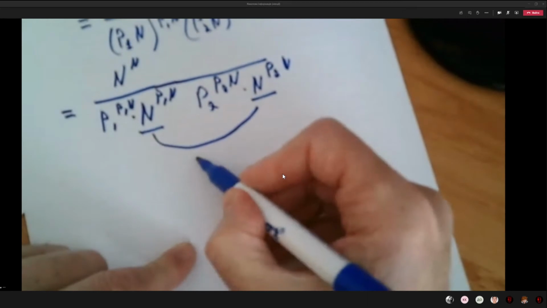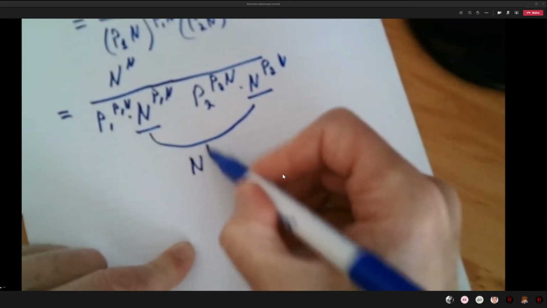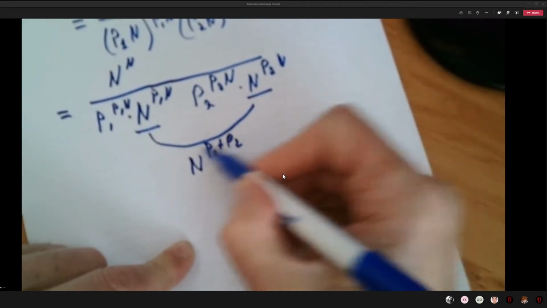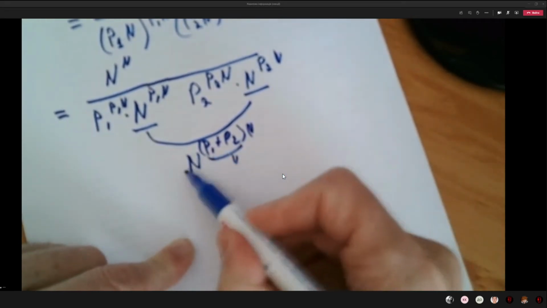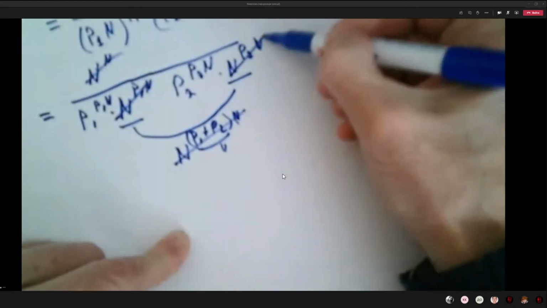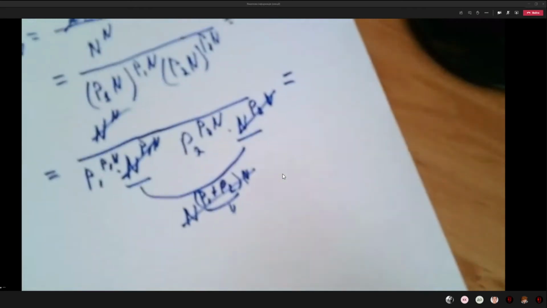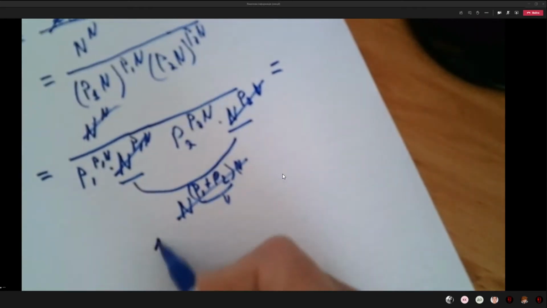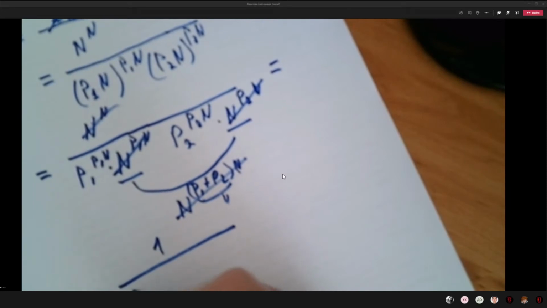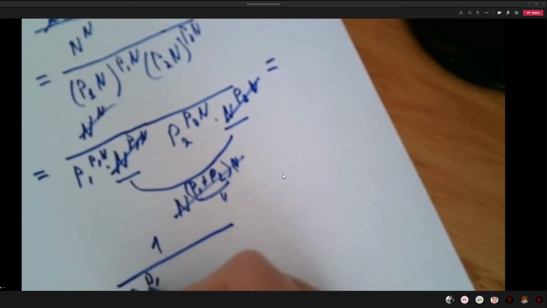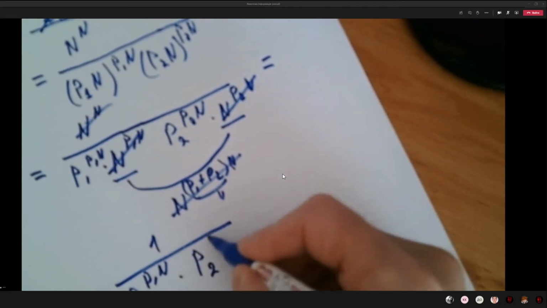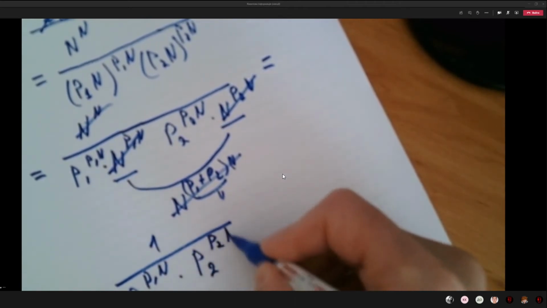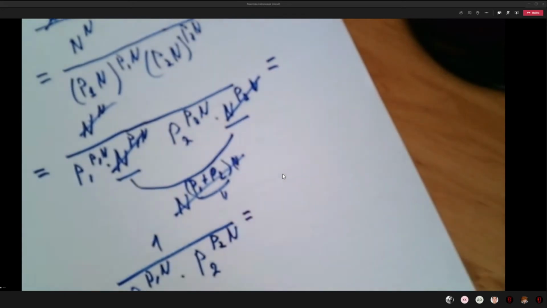Together we get p1 plus p2, but it is 1. So this term and this one cancel. So we can continue: 1 divided by p1 in power p1 n multiplied by p2 in power p2 n.